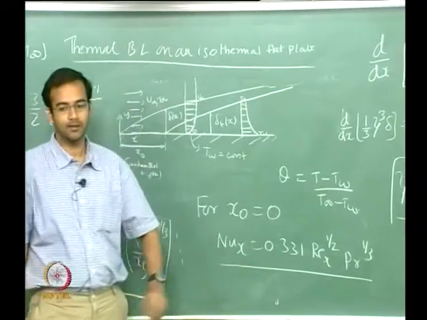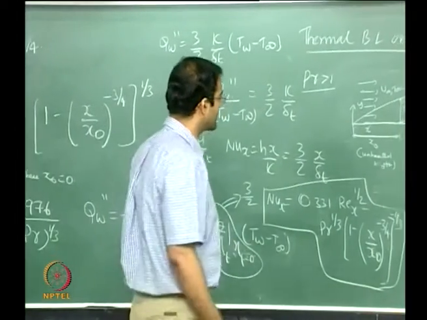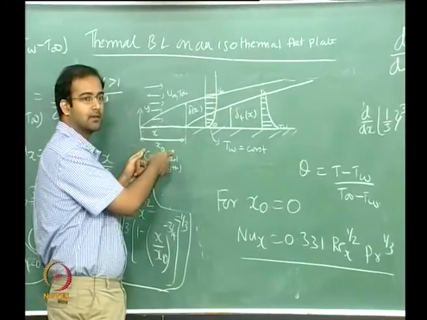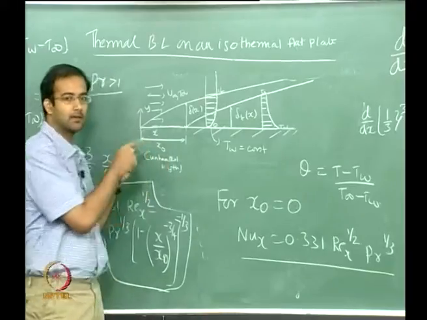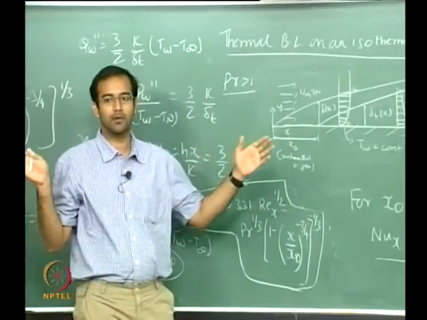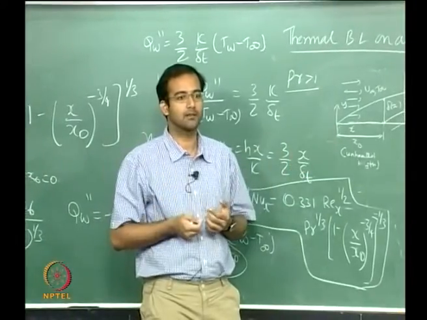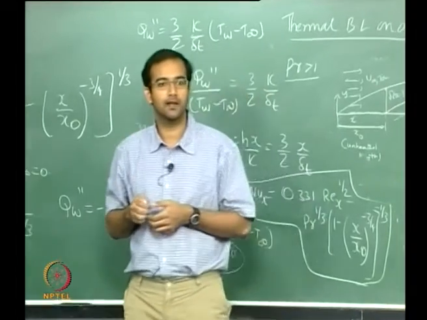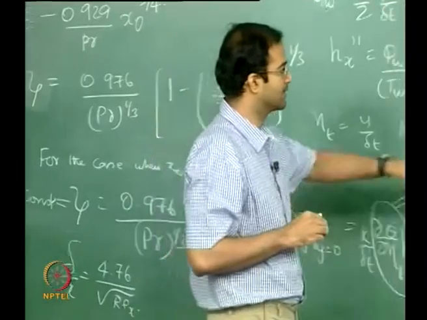Now you remember, when we did the similarity solution, we cannot make the assumption that you have an unheated length and then get the similarity solution. The similarity solution was derived based on the assumption that the wall temperature is uniformly applied through the entire length of the plate. Otherwise we cannot derive the similarity solution. So the approximate method, the integral method, gives us a choice to also impose this condition of unheated length.